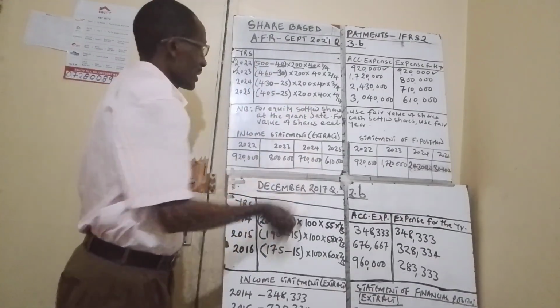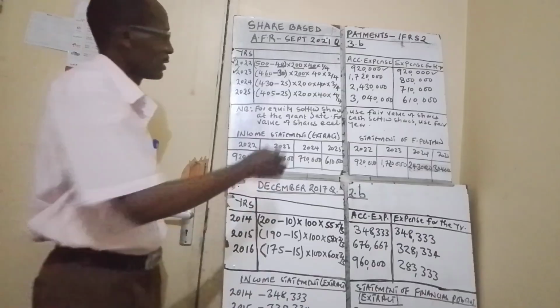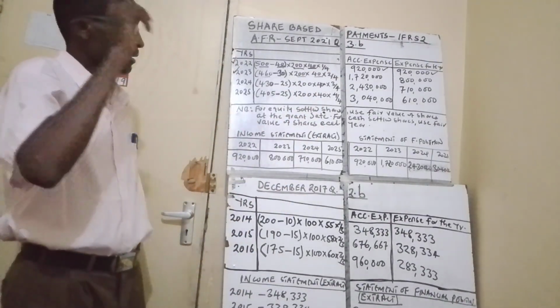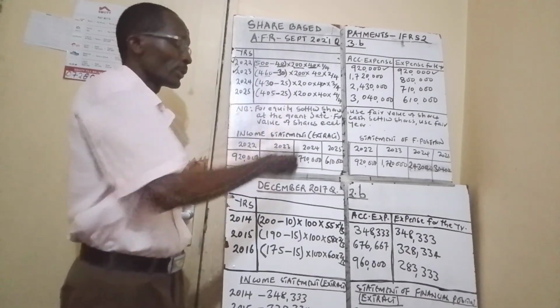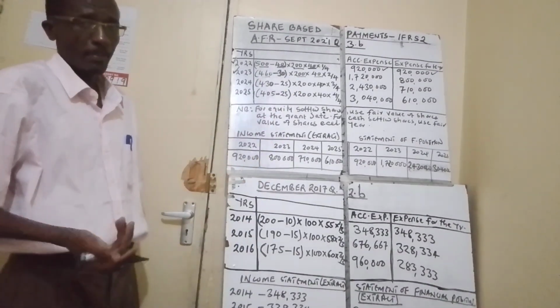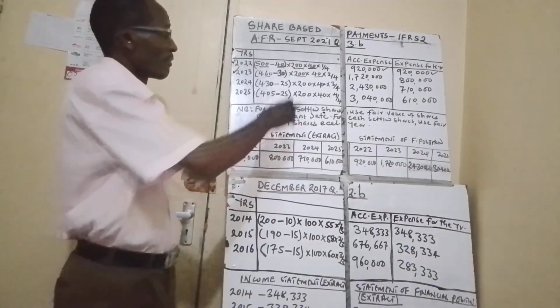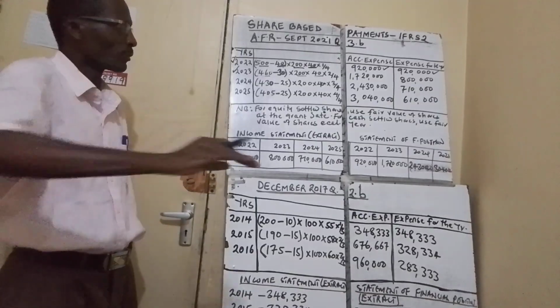So 460 minus 30, times 200, the number of options, times 40. Now 40 is the price at the grant date. Where you are using equity-based share payment, you use the price as at the grant date throughout.